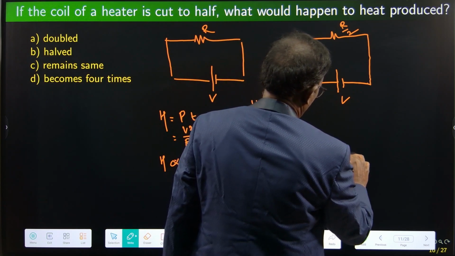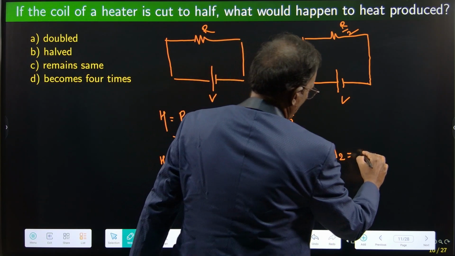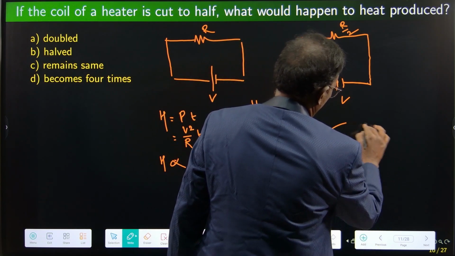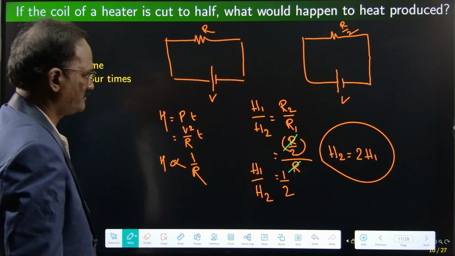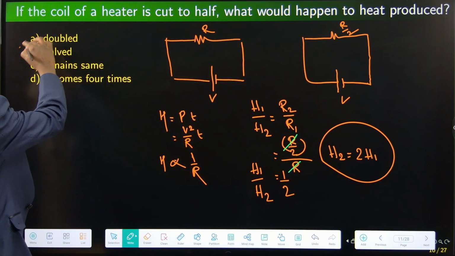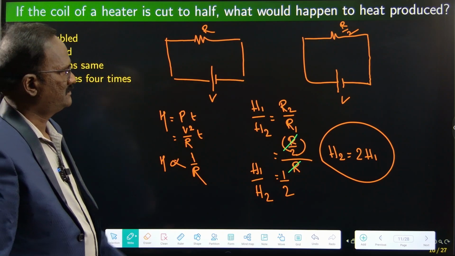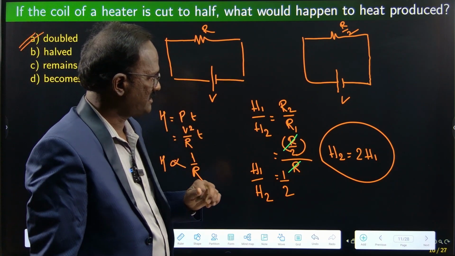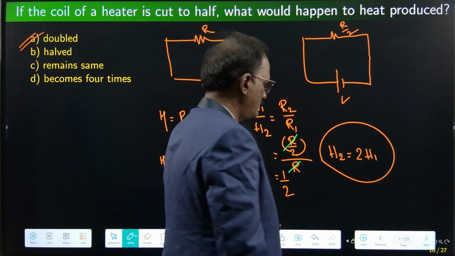So H2 is equal to 2 into H1. The heat will be doubled. If we use half of the resistance, the heat will be increased.